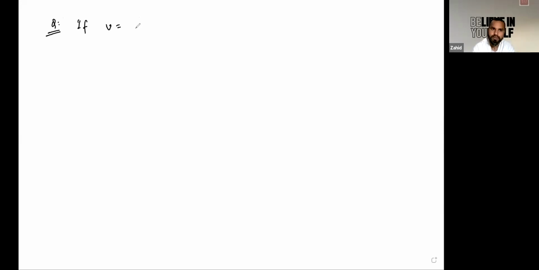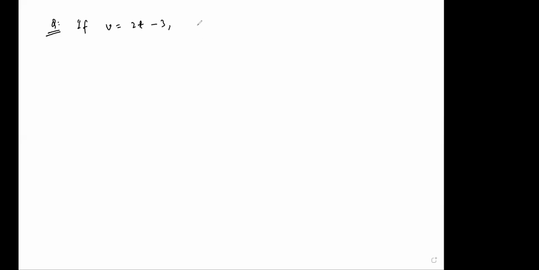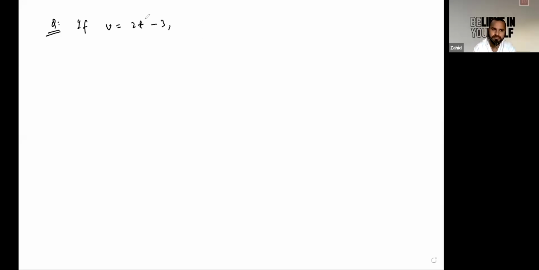I'm giving you one problem. Let's say if velocity of a body is... try to solve this part.